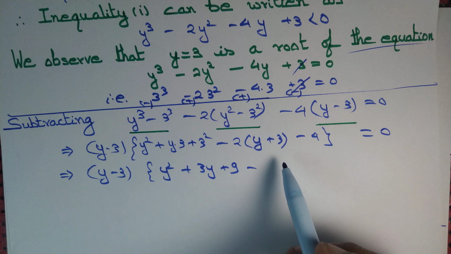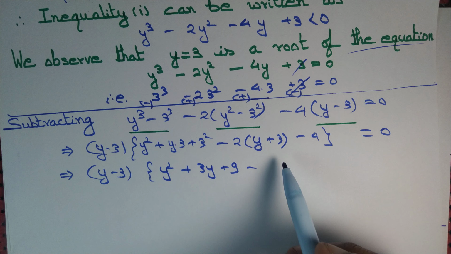When we subtract this equation from this, plus will change to minus, minus will change to plus, and 3 and minus 3 will get cancelled. So we get y cube minus 3 cube minus 2 if I take common, y square minus 3 square minus 4 if I take common, I am left with y minus 3 equal to 0. You see that I can take y minus 3 common.